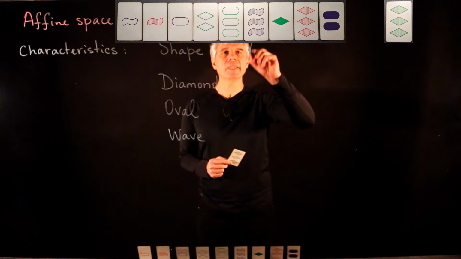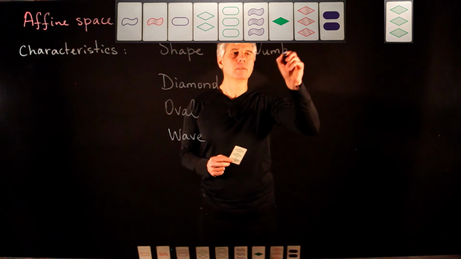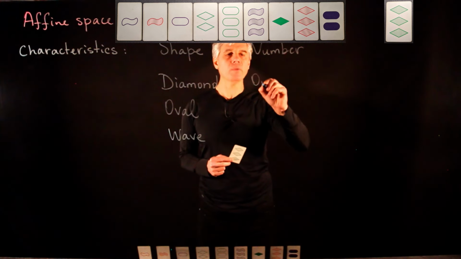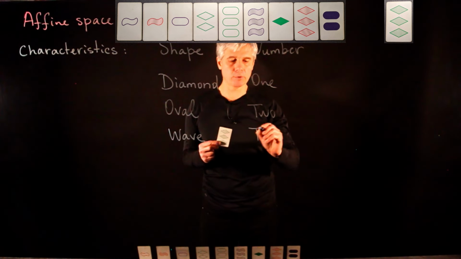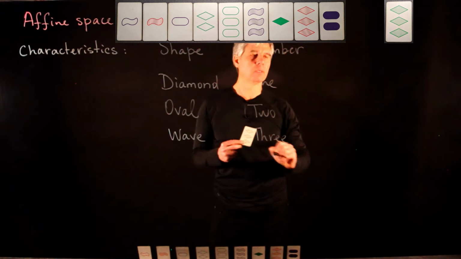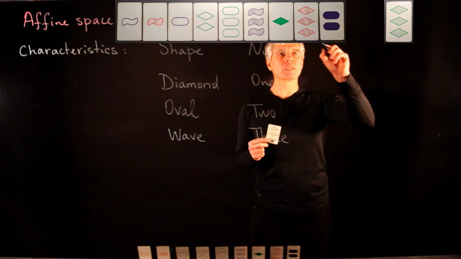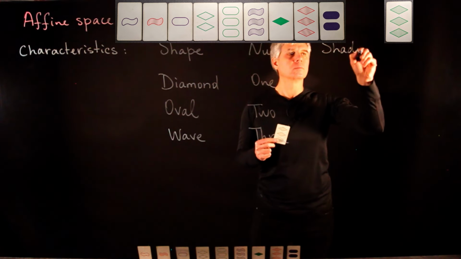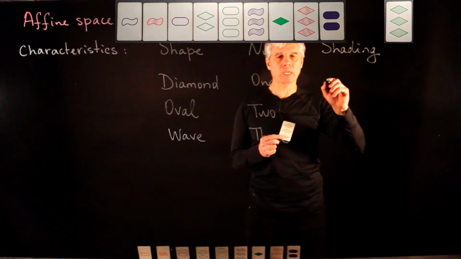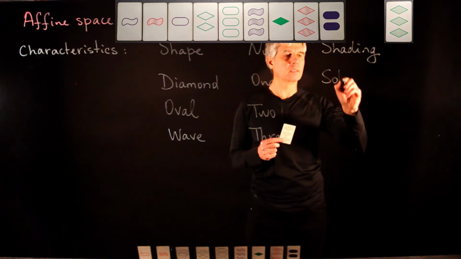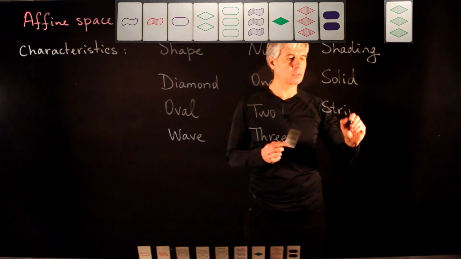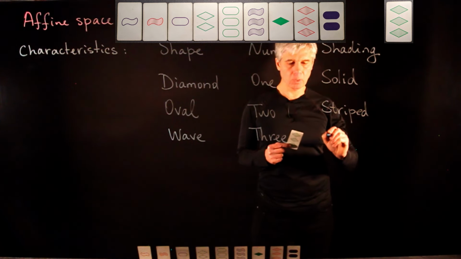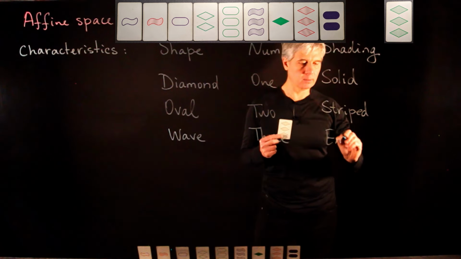Then we have a number. So we could have 1 object, 2 objects on a card, or 3 objects. Then there is shading, which can be solid, could be striped, or could be empty.